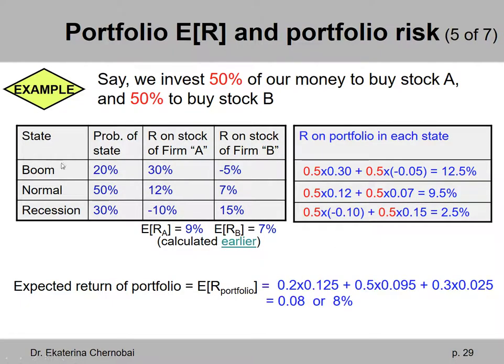We take the probability 20% of the boom state and multiply by 12.5% return on the portfolio in the boom state, plus the probability of the normal state multiplied by the return on the portfolio in the normal state, plus the probability of the recession state, 30%, multiplied by 2.5%, or in decimals 0.025, the return on the portfolio in the recession state.